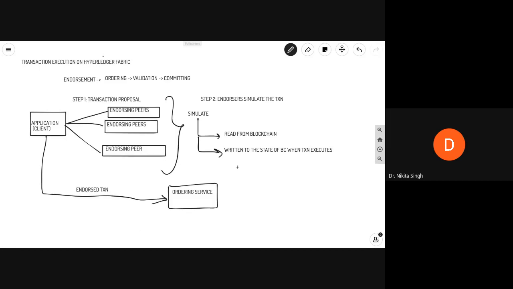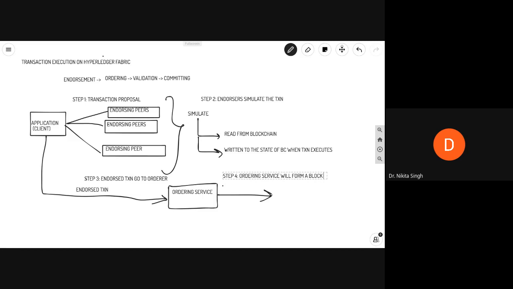So your orderer here, this is step 3: endorsed transactions go to the orderer. Then in step 4, your ordering service will form a block.